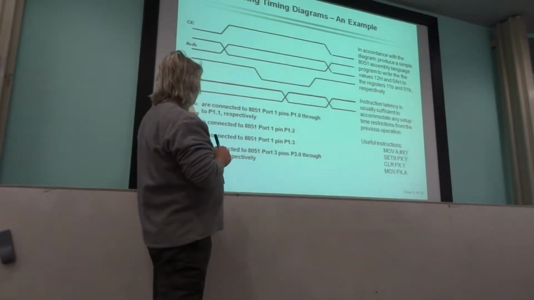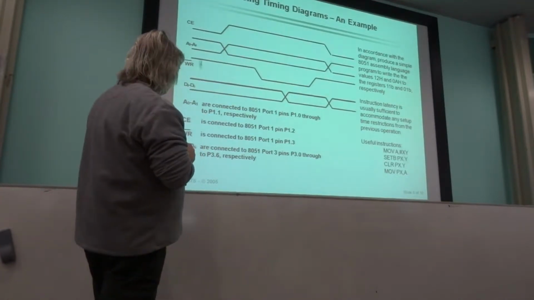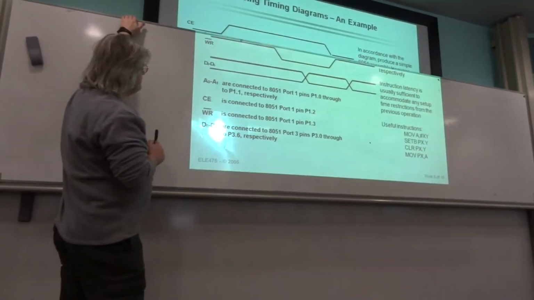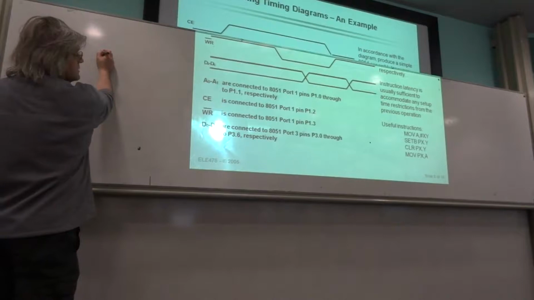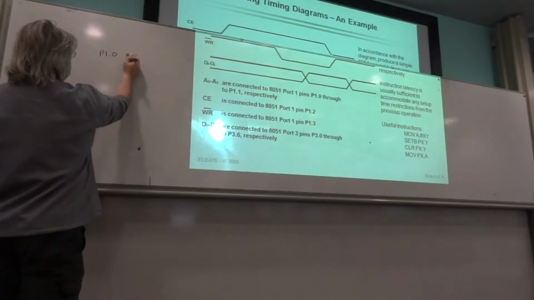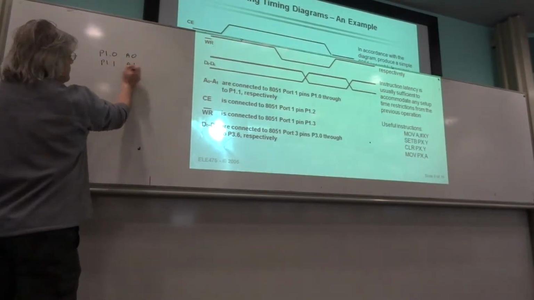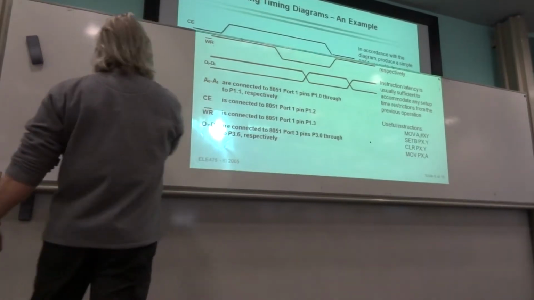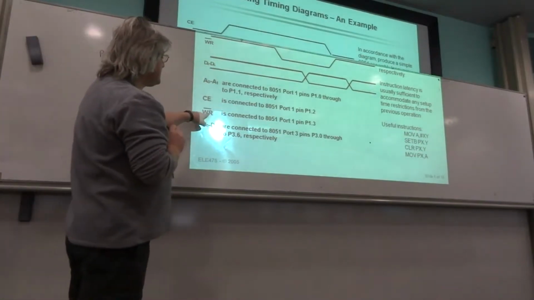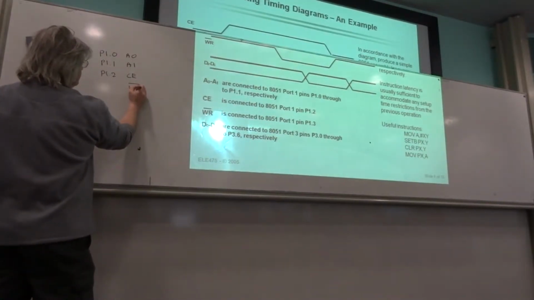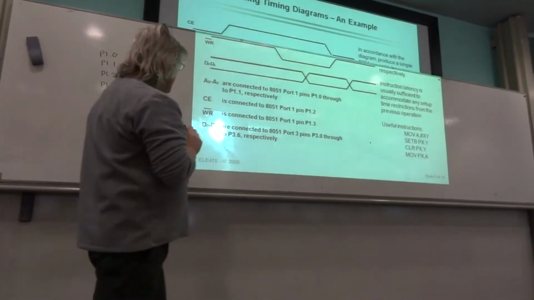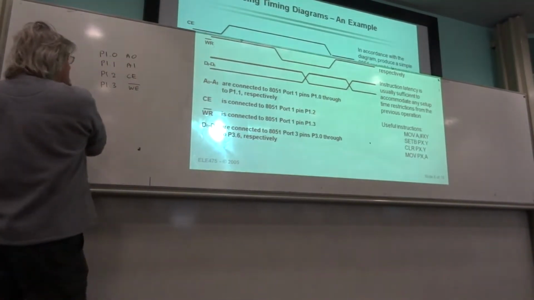So we need to know which pins are being used for which of these signals. So we've got A0 and A1. Let's write these down. So we'll have P1.0 is A0, P1.1 is A1, the chip enable is P1.2, the write signal is P1.3, and the data is connected to part of port 3.